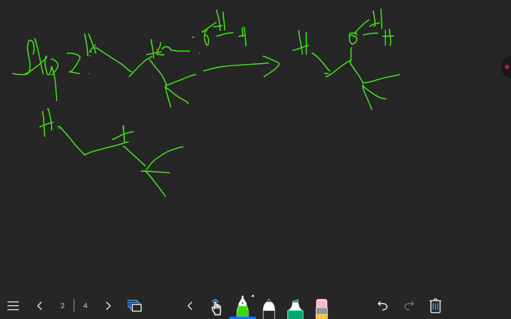So we can shift this carbocation to come at this point so that we form even a more stable carbocation as compared to this. So we can shift this methyl group to this point. Okay, so we can perform a methanide shift here.